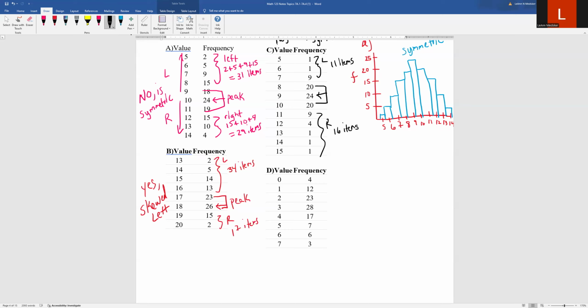Notice this one, 28 is the highest value for the frequency, and that relates to the value of 3. And there's, again, I would only choose one peak here or one bar for the peak on the other side, because 17 is much further away from 28 than 23 is, and they're not very close to each other. So that's going to be my peak. And then the left side, which is the smaller X values, there are 16 items on that group.